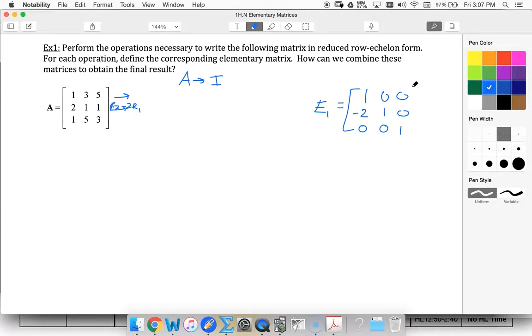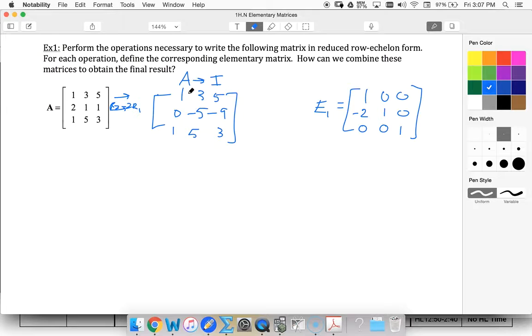Leave row 3 alone. If I do that, I'm going to end up with 1, 3, 5, 0, negative 5, negative 9, 1, 5, 3. I could verify this, but we showed that above in the previous example.